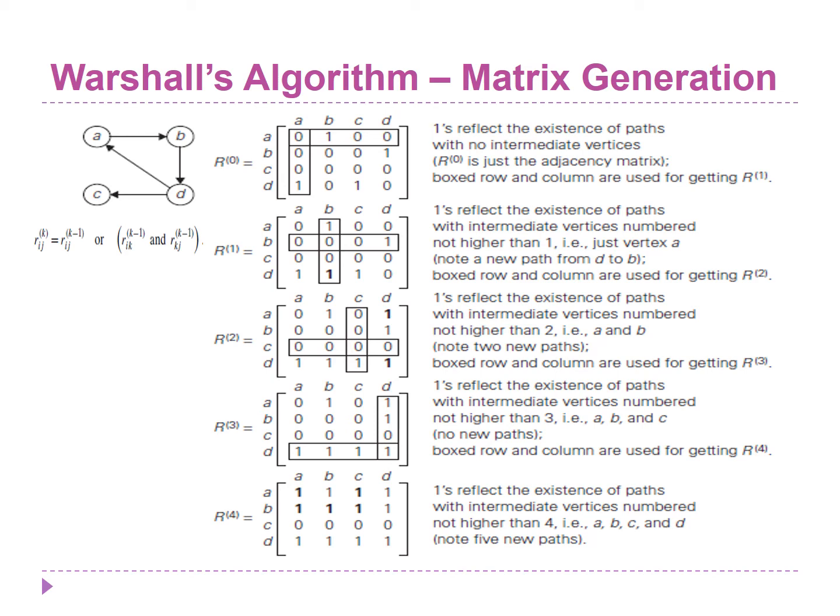The ones reflect the existence of path with intermediate vertices numbered not higher than 4. Thus, the Warshall's algorithm finds the transitive closure matrix from the given adjacency matrix.